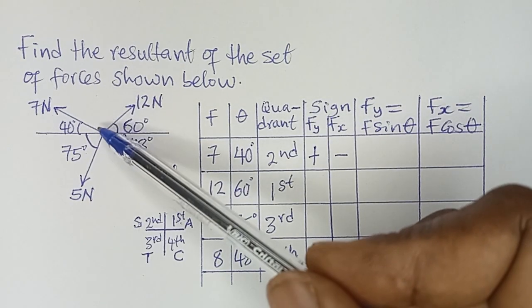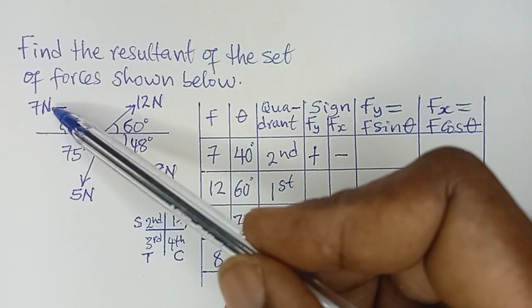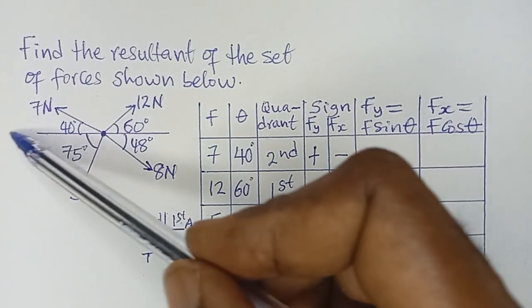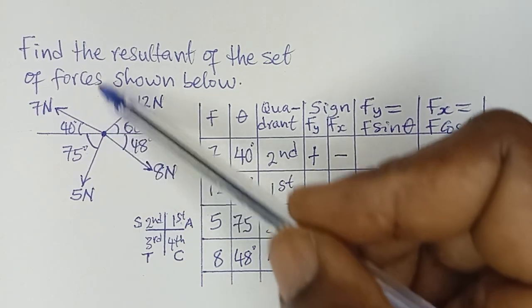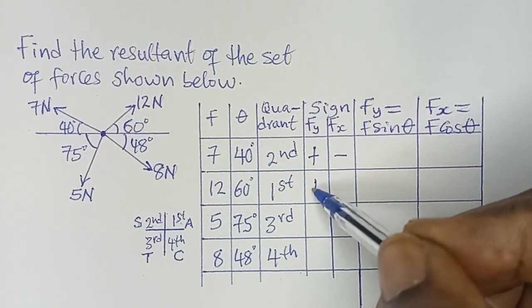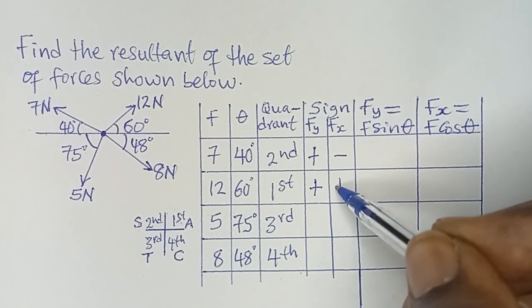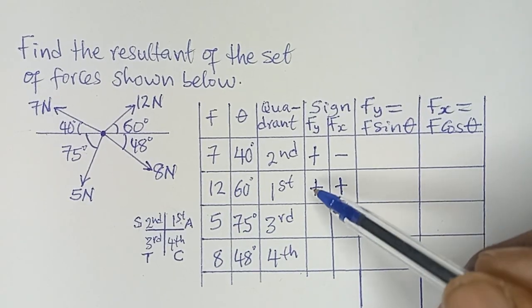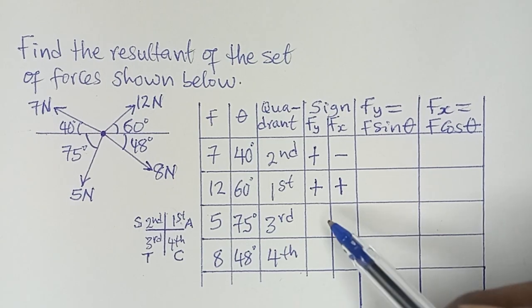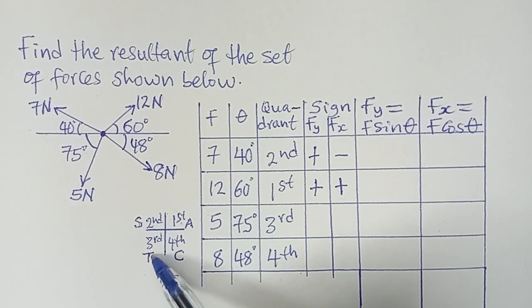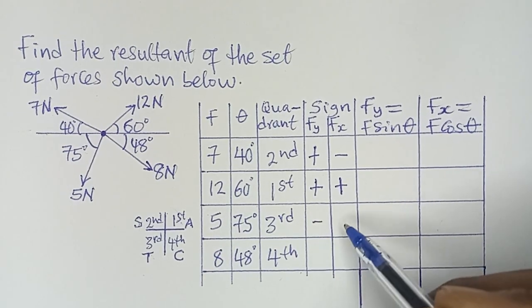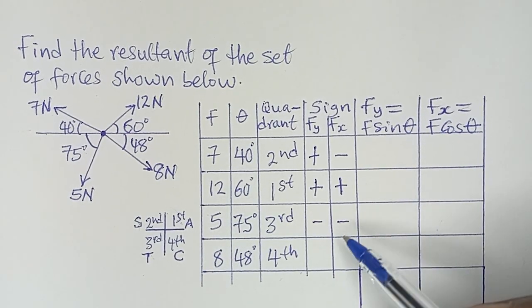You can see that in this direction, the vertical component of this force will act upward here, while the horizontal component will act in this direction. That makes it negative and this one positive. In the same way, in the first quadrant, both vertical and horizontal components are positive. In the third quadrant, only tangent is positive, so both sine and cosine are negative.